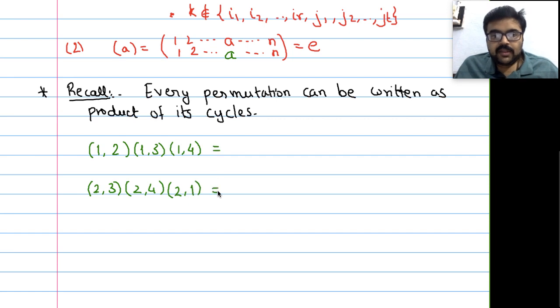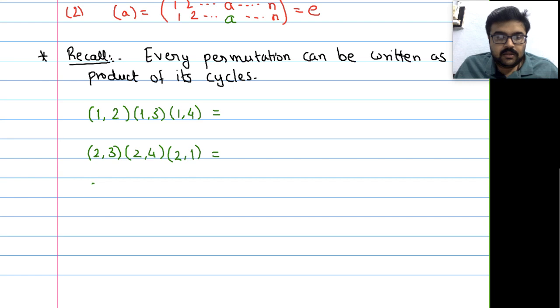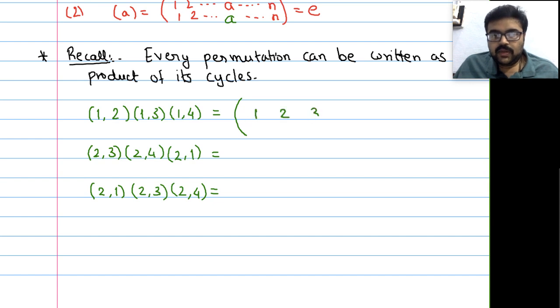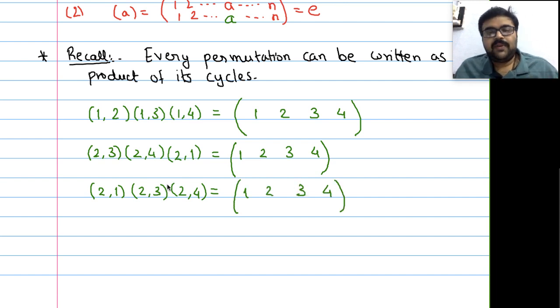And finally I had asked you to compute (2 1)(2 3)(2 4). I hope you would have computed this in S4. S4 is enough to consider, with 1, 2, 3, 4. You can consider it in S5 also, but then 5 will be mapped to 5 because 5 is not there in any of these. In S6, 5 is mapped to 5, and 6 is mapped to 6.